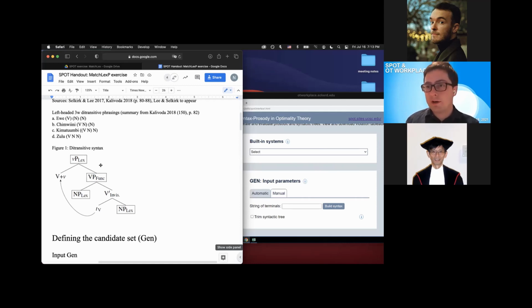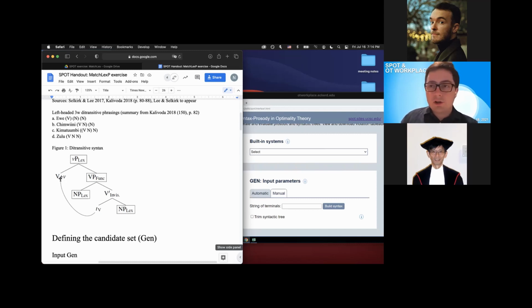Taking inspiration from Truckenbrodt's lexical category condition, they introduce a match constraint that will ignore a VP because it no longer has a lexical head, but will try to match this little VP because now the lexical head V is adjoined to the head of this phrase.